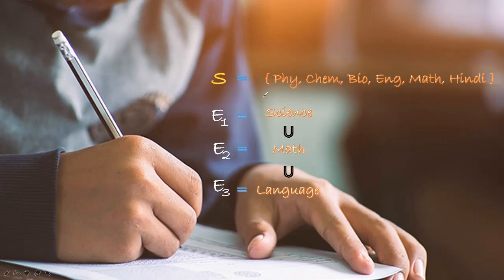When I do that, I will get E1, which is science, E2, which is math, and E3, which is English and Hindi. Basically everything is covered, so I get the whole sample space. This is just an example to show you what exhaustive events are: events that, when you do the union operation on them, give you the whole sample space. We will see another example in a better way.